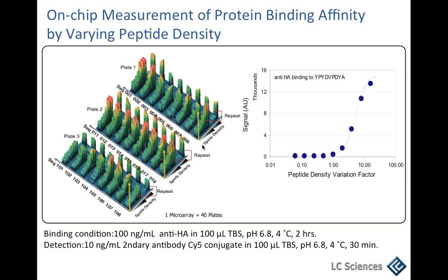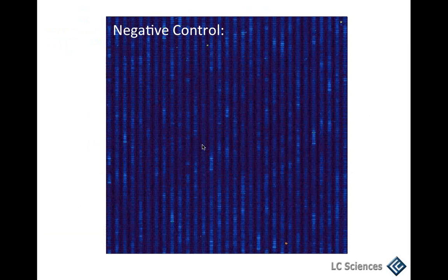And just to finish up, just to show you some real-world chip scans from a project that we did recently for a customer. So this was a project where they had a particular target protein, and they had a whole wide array of different antibodies, and they wanted to know which ones are actually specific binders and good binders.